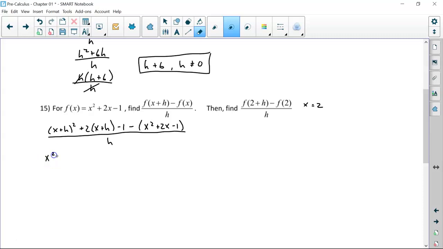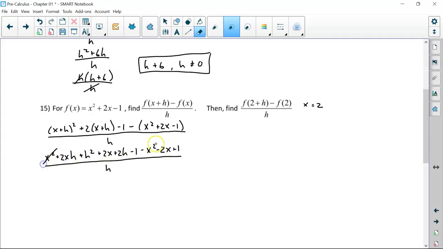So we get x squared plus 2xh plus h squared plus 2x plus 2h minus 1. Distribute the negative, so minus x squared minus 2x plus 1, and that's all divided by h.